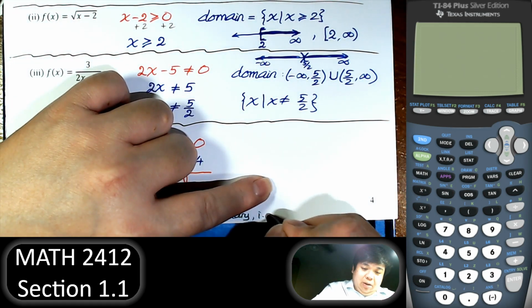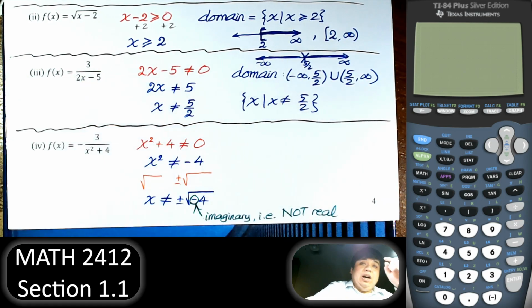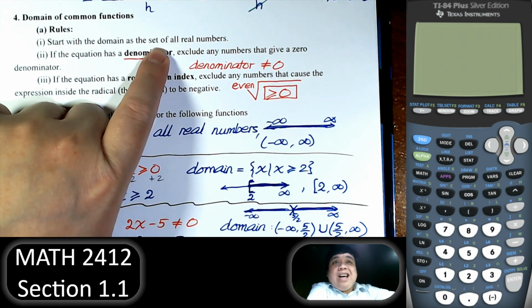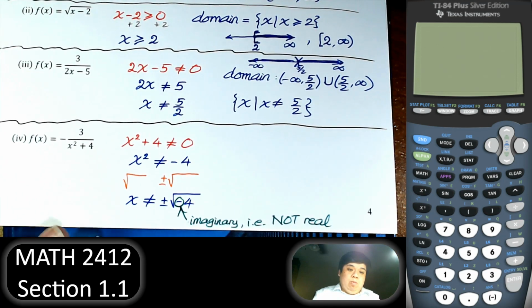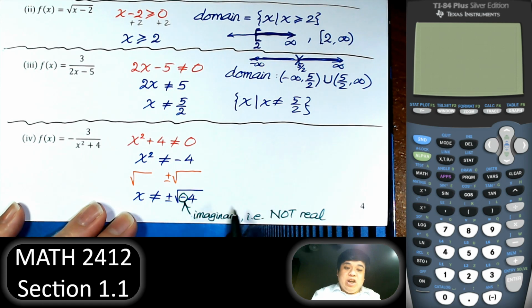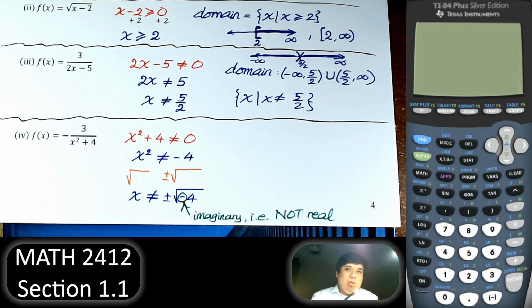Of course, meaning that it is not real. And the domain we talk about is only the set of real numbers. So in this case, because x is not equal to something that is not real, so we have a double negative here.